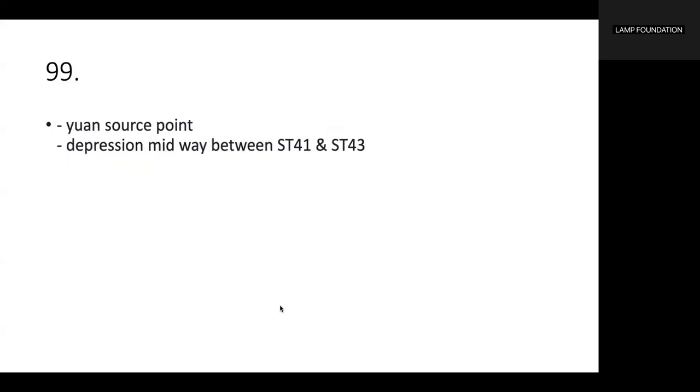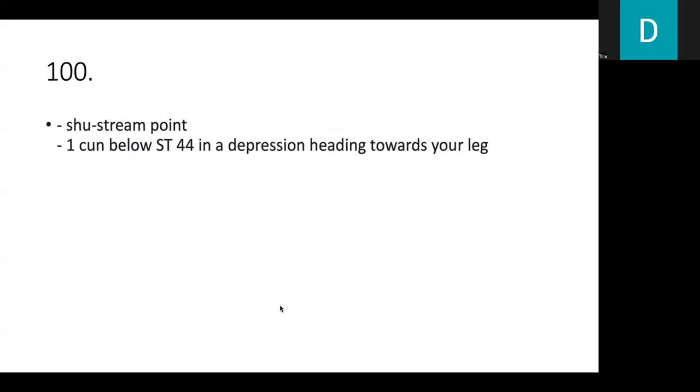Jing river point, the mother, in the middle of your ankle where you can feel a depression. Stomach 41. Okay. Yuan source point, depression midway between stomach 41 and 43. Stomach 42. Wow.